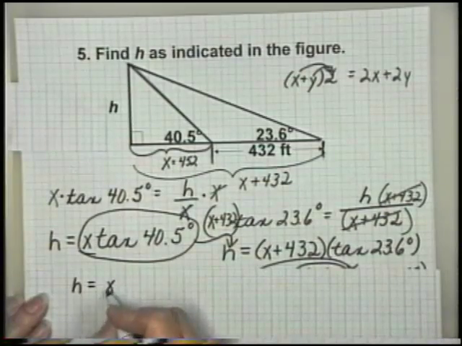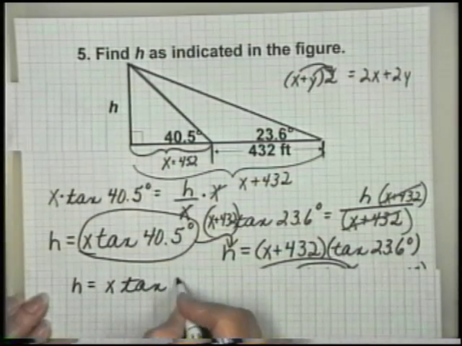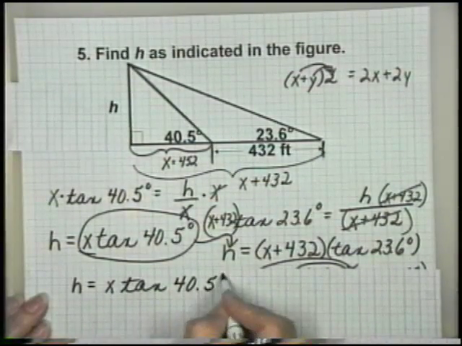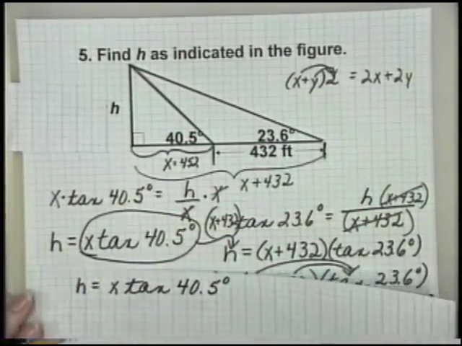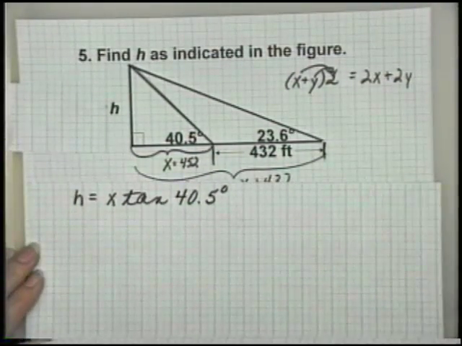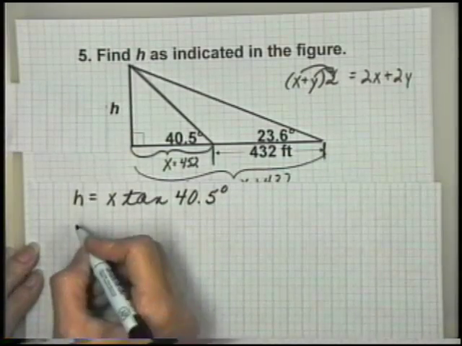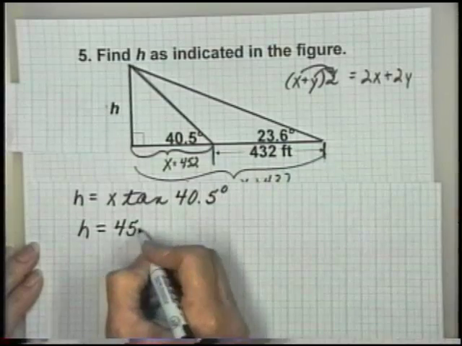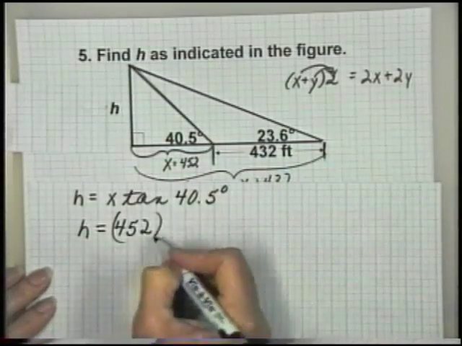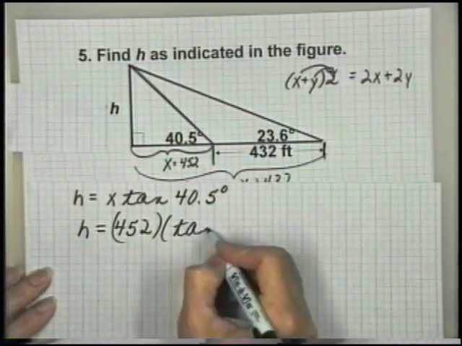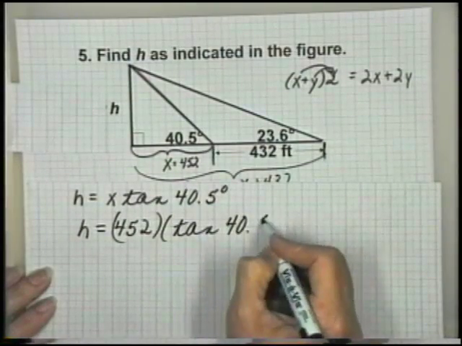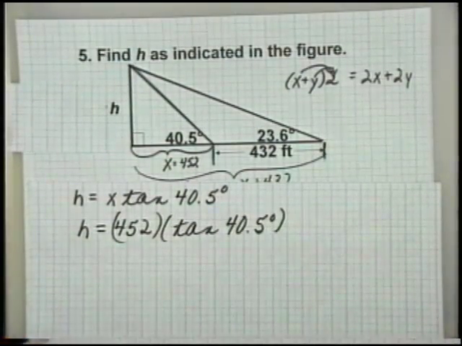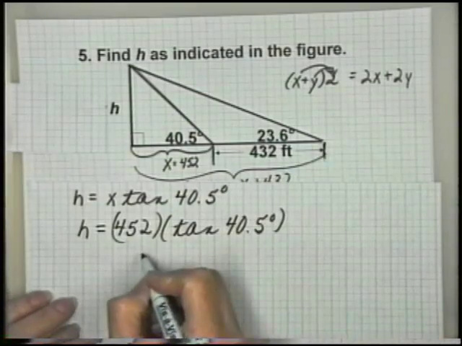Don't I know that h is equal to x times the tangent of 40.5 degrees? So what I'm going to do here is to say h equals, and substitute my 452 in for my x and multiply it by the tangent of 40.5 degrees. And of course I want to round that to 3 significant digits.